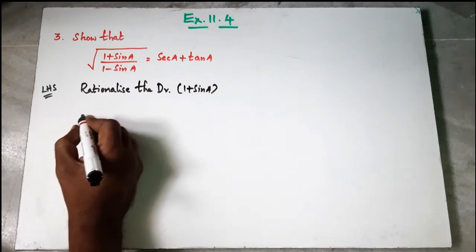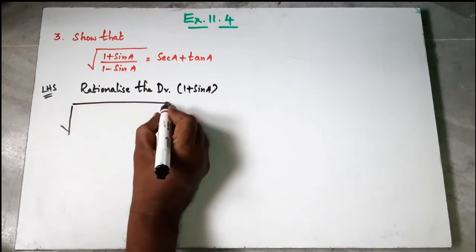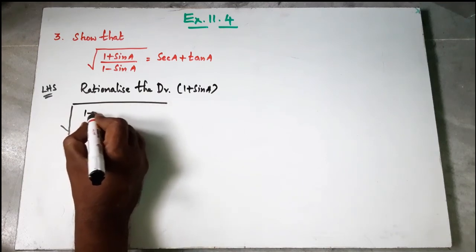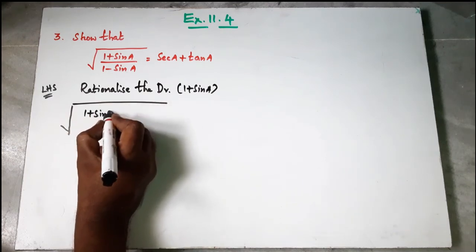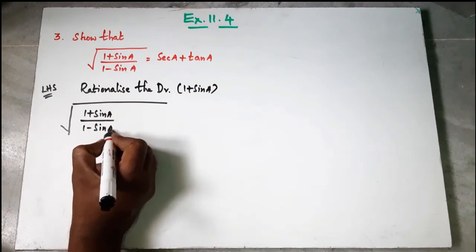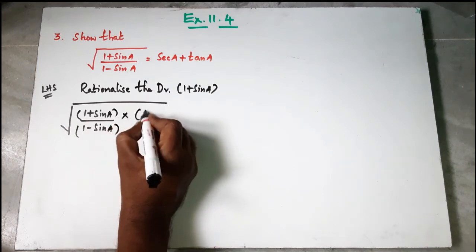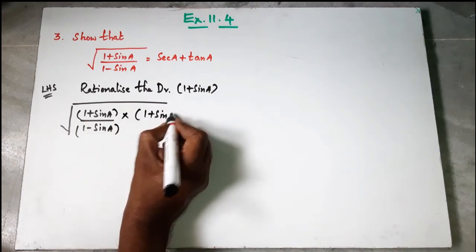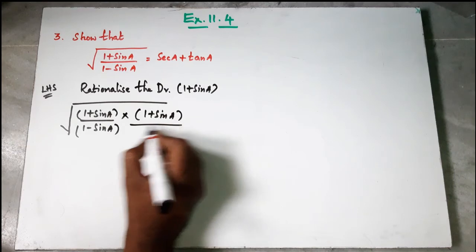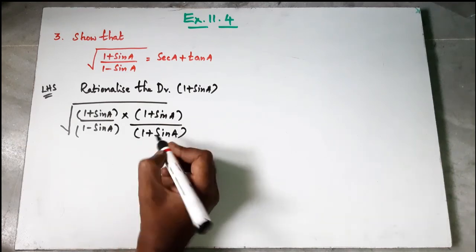So what is here? Under root 1 plus sin a by 1 minus sin a into 1 plus sin a by 1 plus sin a. Okay.